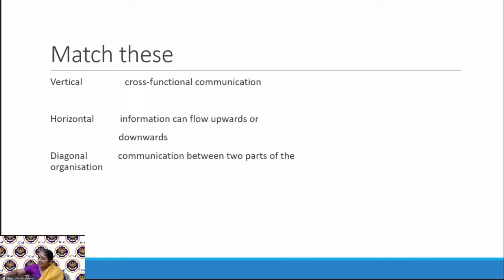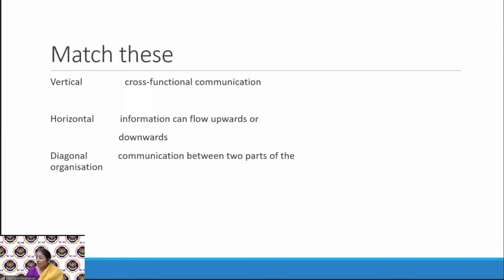Okay, let me call out answers. Only a few of you have posted, but still I will call out answers because I want to move. Yes. Vertical is information can flow upwards or downwards. This is for you to remember easily. Horizontal is communication between two parts of the organization of the same hierarchy.